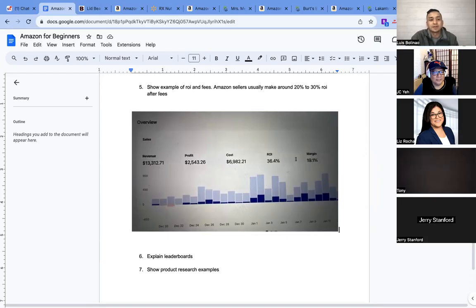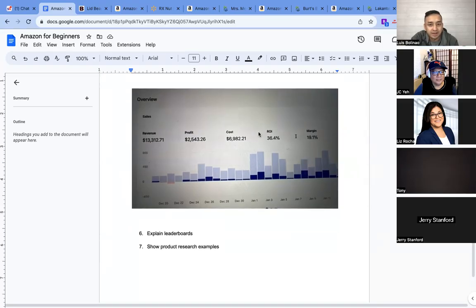Some people have it, but there's some fees in there that Amazon throws in that you got to count. Yeah, people like to flex the sales, right? But no one really talks about how much you're really making then. It's very misleading. So I usually like to talk about how much did you spend and how much did you make? Because all these numbers don't really matter, right? It's just good for flexing, honestly.